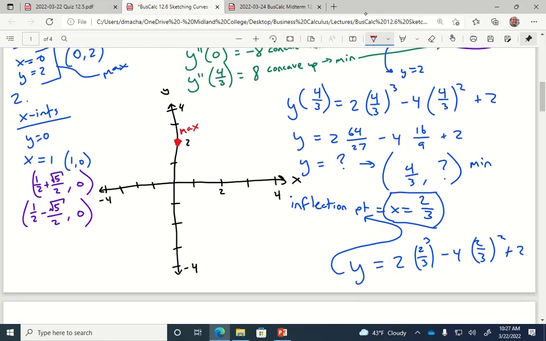Where are my x-intercepts? Well, I have one x-intercept at x equals 1 here, and then I have another one at 1/2 plus something that's just a little bit larger than 1, right? Square root 5 is a little bit larger than 2, because 2 would be square root 4. So 1/2 plus something a little larger than 2 divided by 2 is 1/2 plus a little larger than 1.